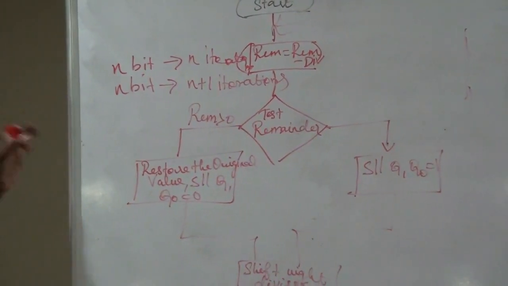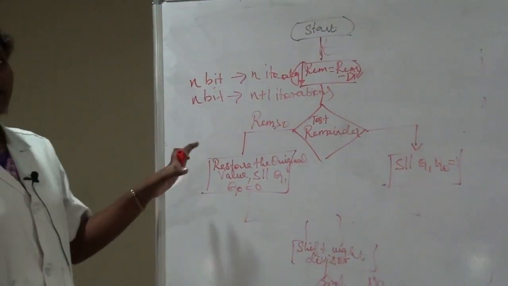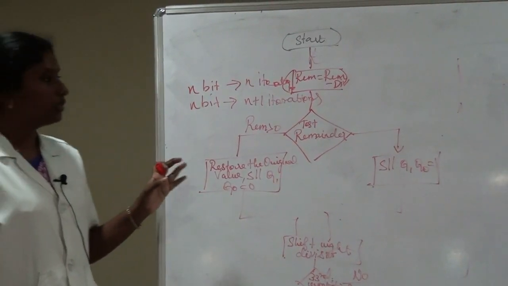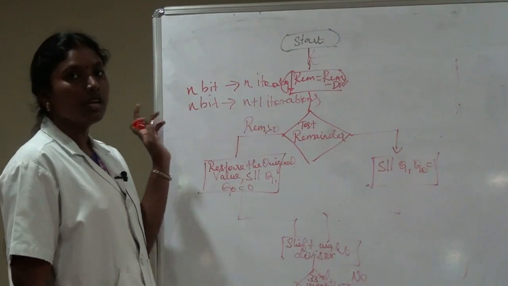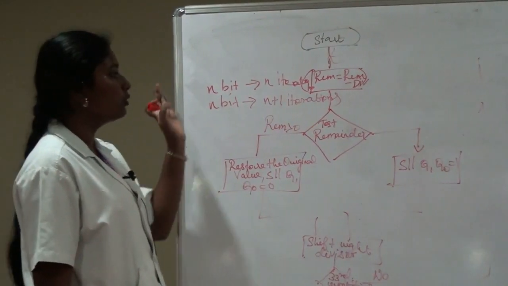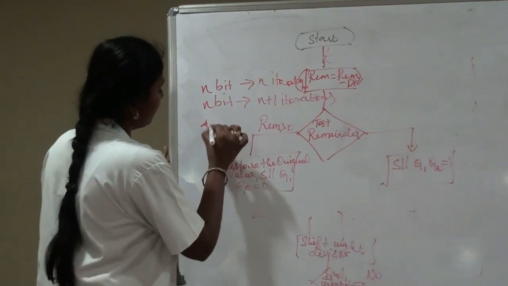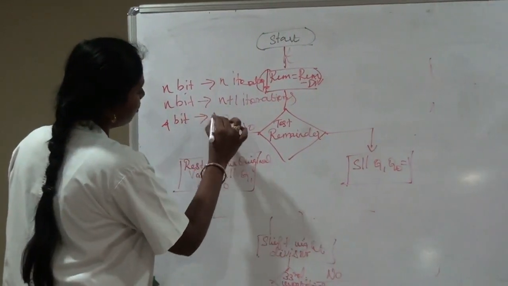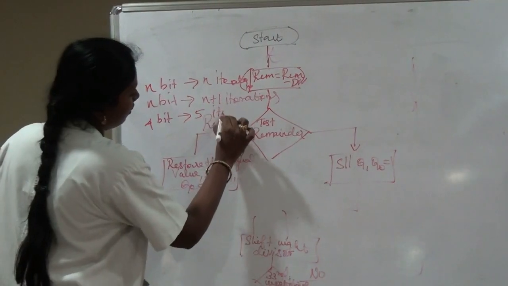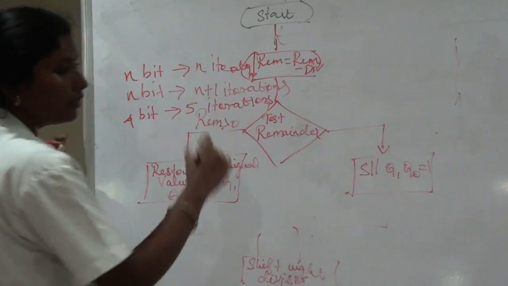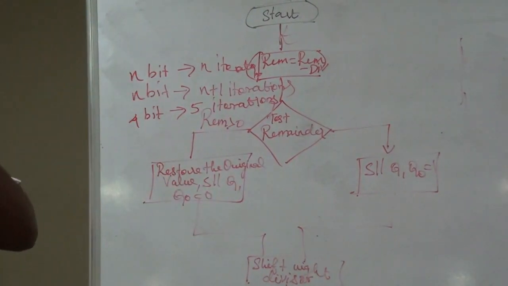If it is 4 bit, we have to perform only 4 iterations. If it is 5 bit, only 5 iterations. Similarly in division, if it is 4 bit operations, we have to perform n plus 1 iterations. For example, 4 bit means we have to perform 5 iterations in the division. This is the division algorithm.